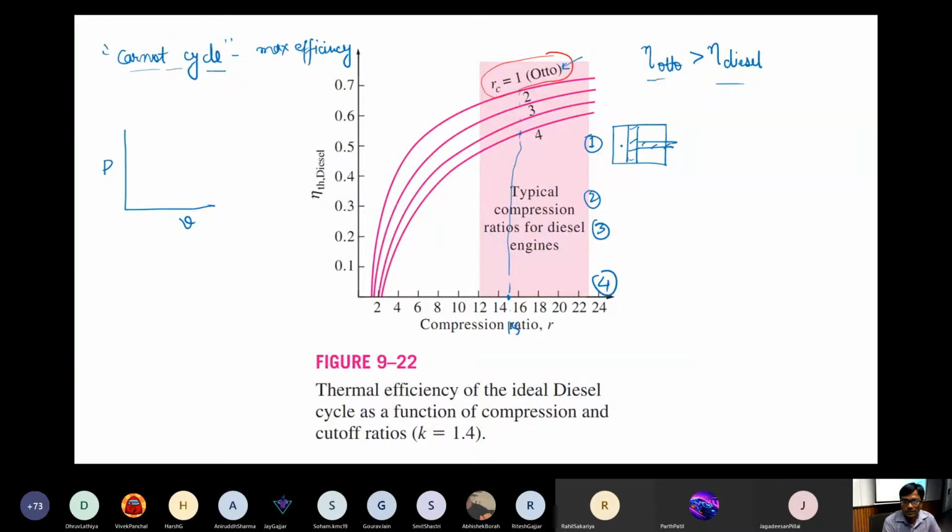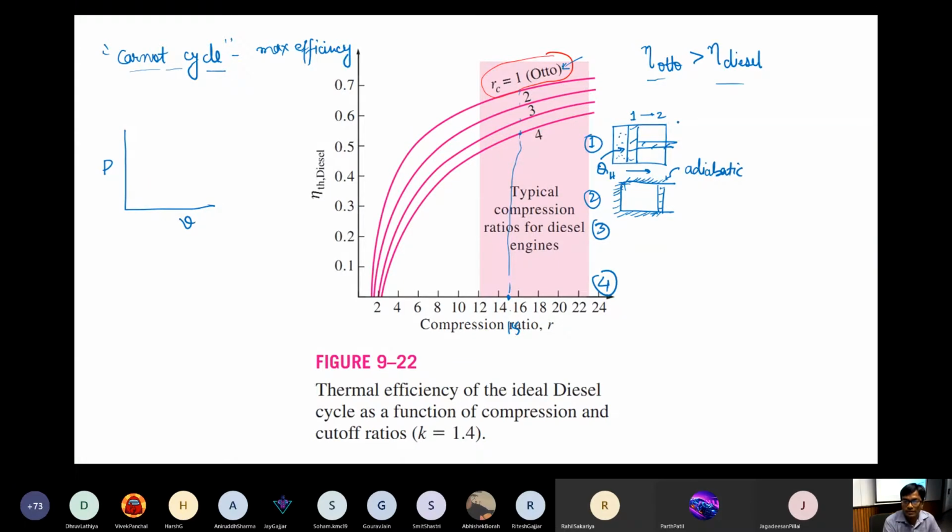From 1 to 2, the gases inside are being transferred QH amount of heat, and it is being expanded, and after expansion hypothetically it became adiabatic, and this process 2 to 3 occurs.